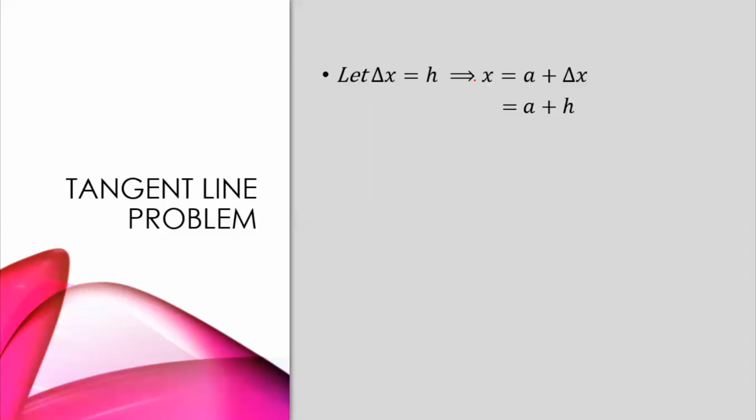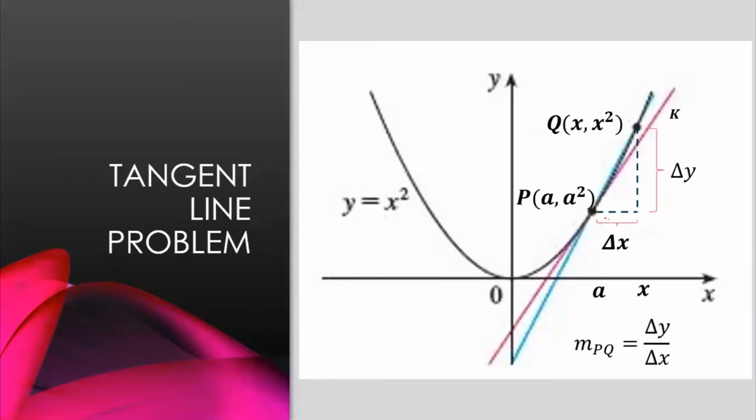So this implies that x is equal to a plus delta x. By manipulation, if we go back to the previous diagram, this is a and this is x. And the distance between a and x is delta x.